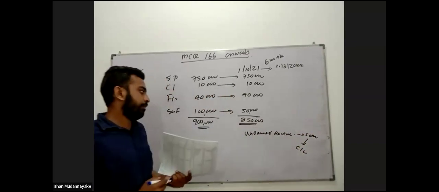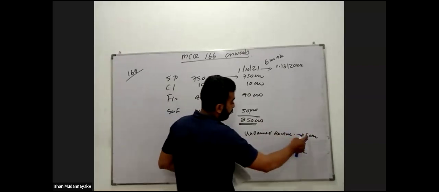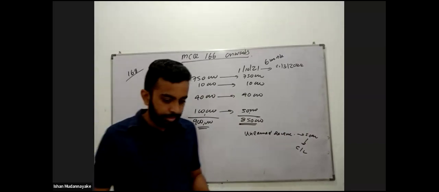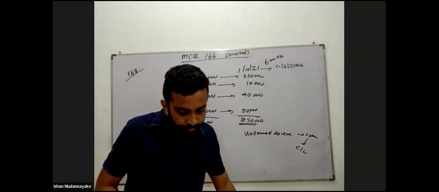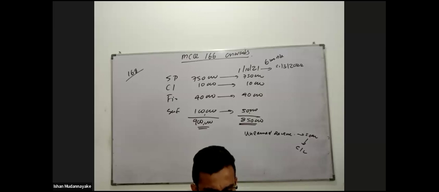Income 850,000, unearned revenue, unearned income 50,000, current liability. Clear? Okay. Right. Yunus, clear? Devin, clear? Right.